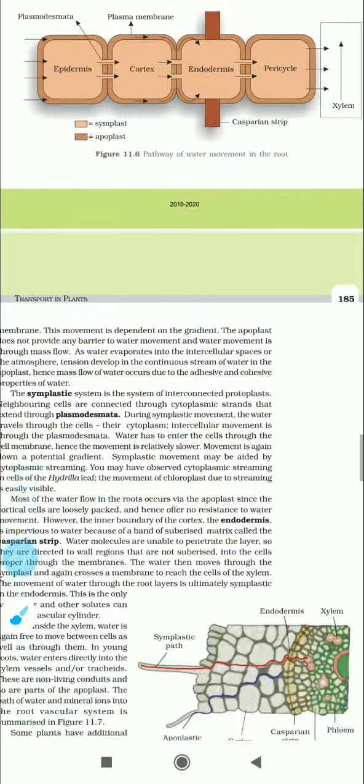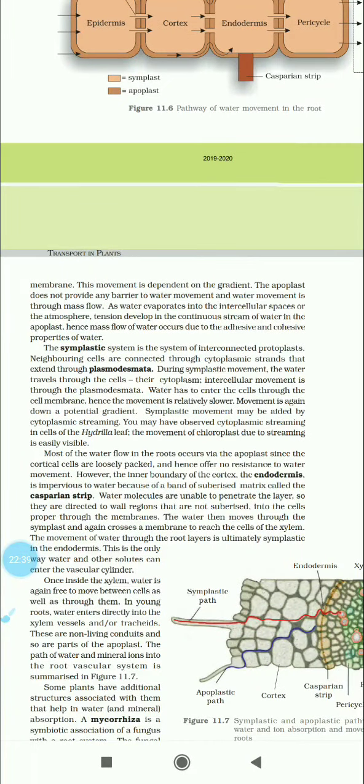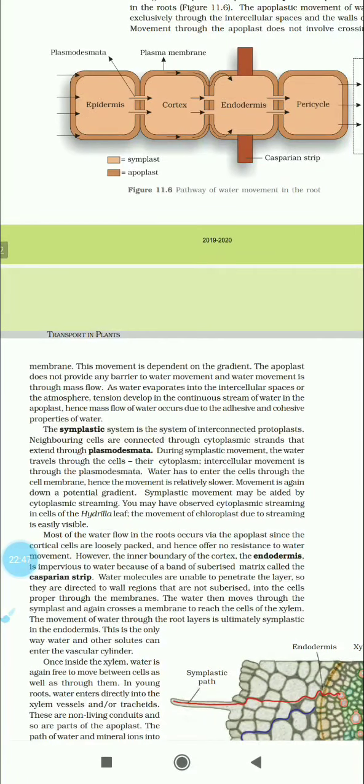So there is no crossing of the membrane. Now try to understand that apoplast does not provide any barrier to water movement, and water movement is through mass flow.